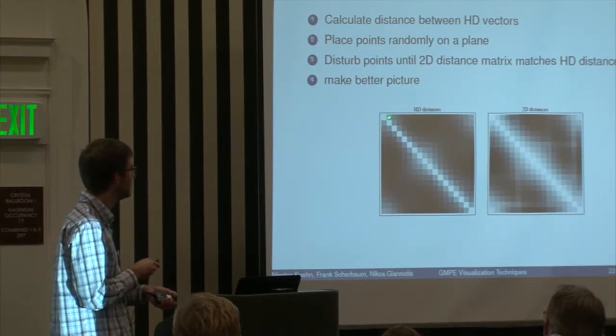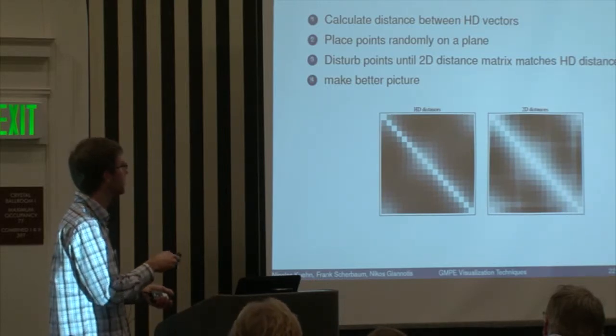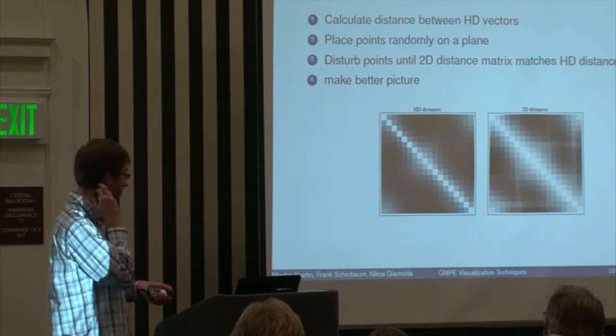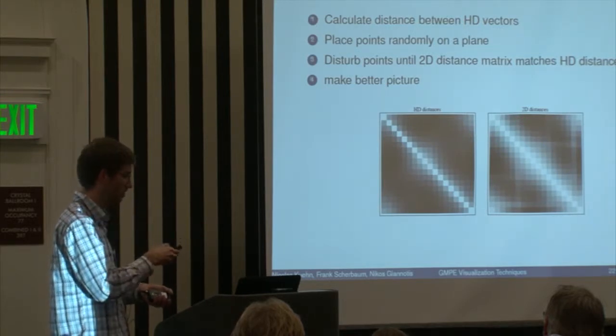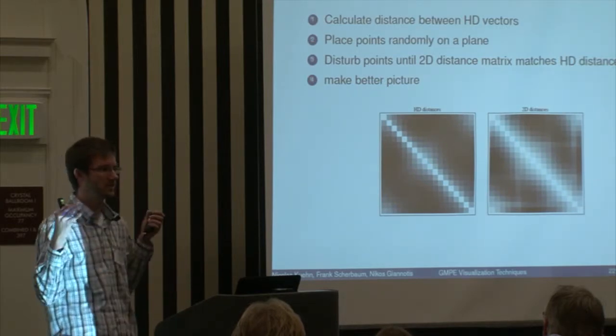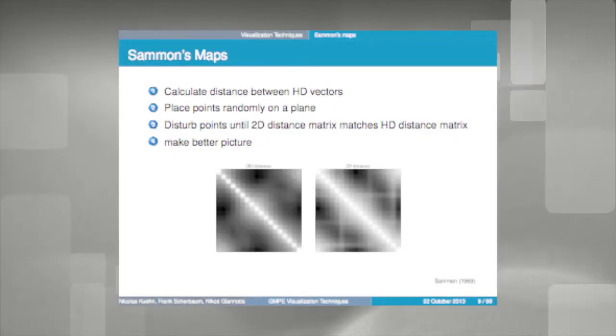This would be the distance between the first image and the second image, and so on. And these are the 2D distances between the first image and the second image. The difference between these two distance matrices is your misfit function, and then you just minimize your misfit function.